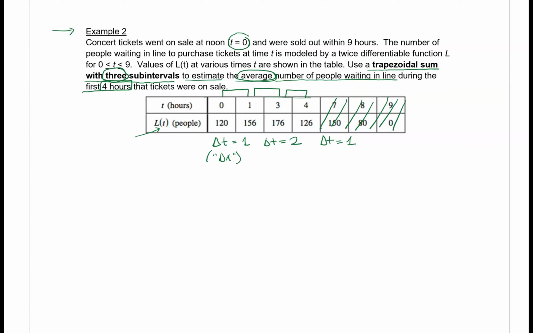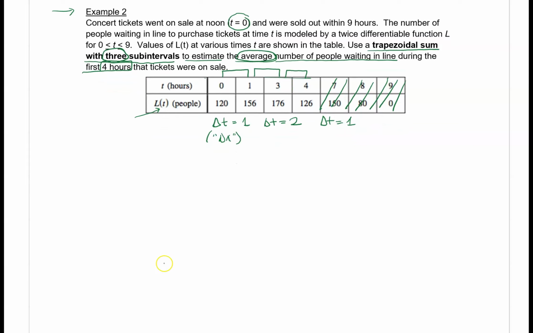Okay, so basically what we're doing is imagining, so let me just draw this picture over here. It's not to scale at all, but just to give you an idea. So here are my time values of 0, 1, 3, and 4. And for my number of people waiting in line, I'm going to say 120 is right here, 156 is up here, and here's the 176.